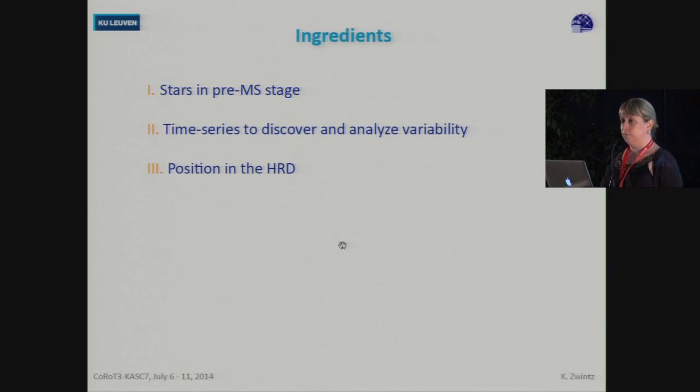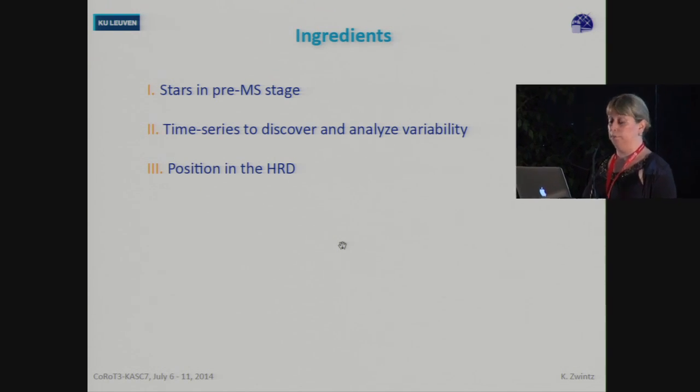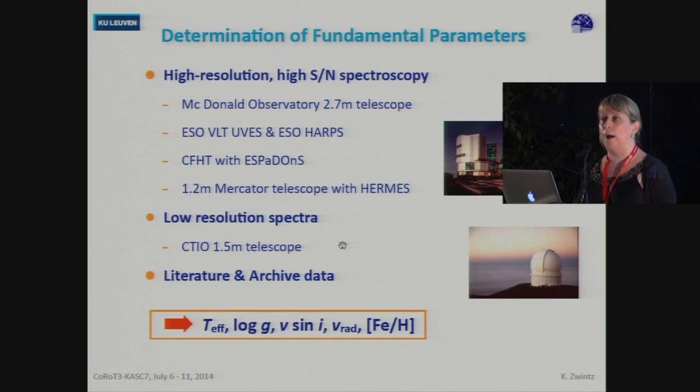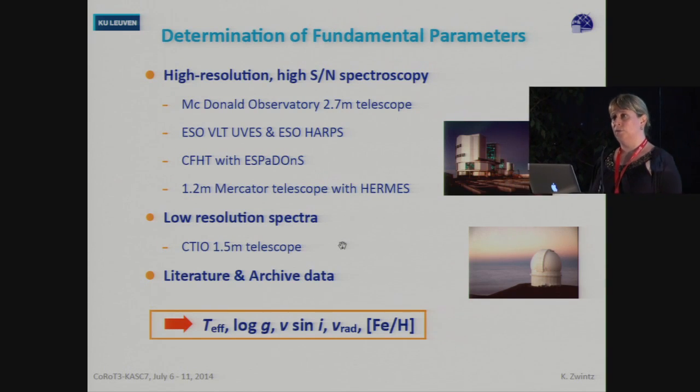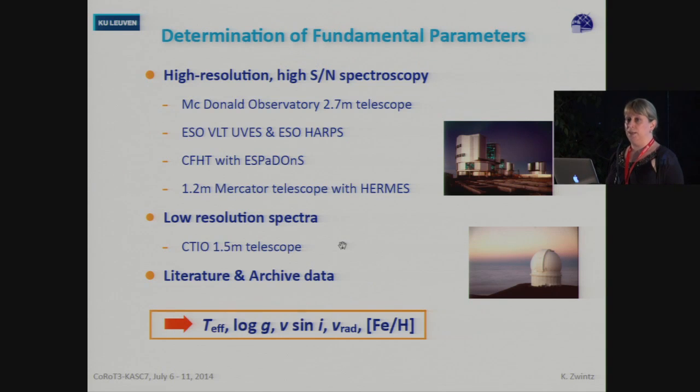Okay, now you have your light curve. You have to now get the position in the Hertzsprung-Russell diagram. So you need fundamental parameters. It's not easy for young stars, which are generally faint objects. And so after a while, I succeeded to get high resolution, high signal-to-noise spectroscopy from different observatories like McDonald Observatory and ESO-VLT, ESO-HARPS, CFHT, and our 1.2-meter Mercator telescope.